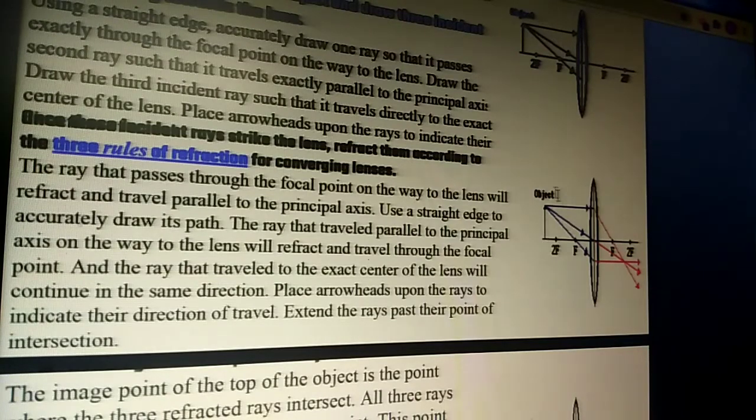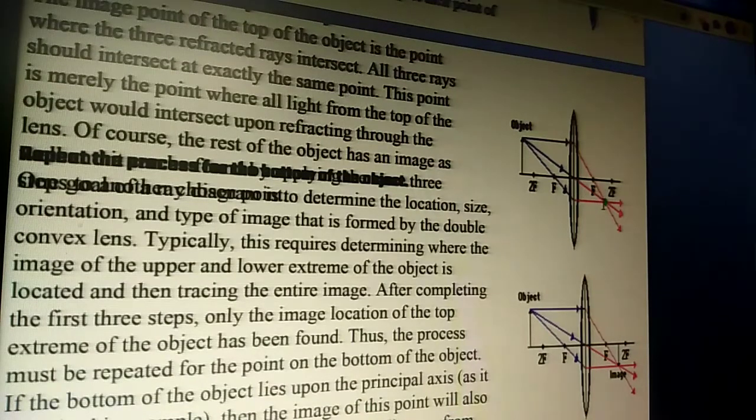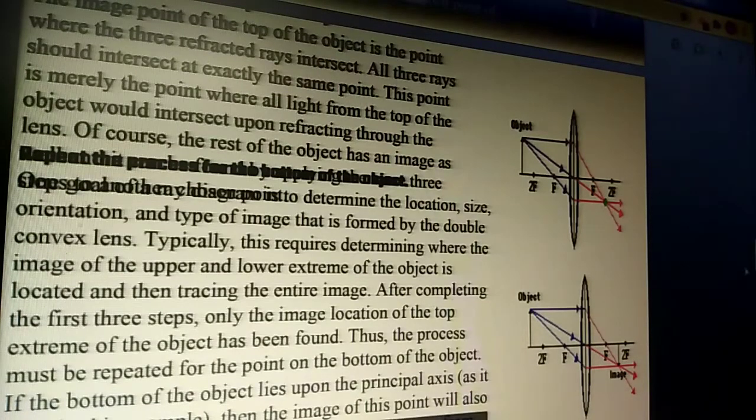When the object is beyond 2F1, the image will be formed between F and 2F, and it is a diminished, real, inverted image. All the blue lines represent the incident rays, the red lines the refracted rays, and the point of intersection in green is where the image will be formed.